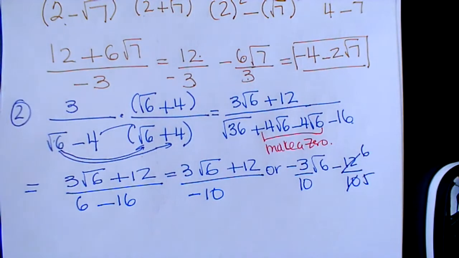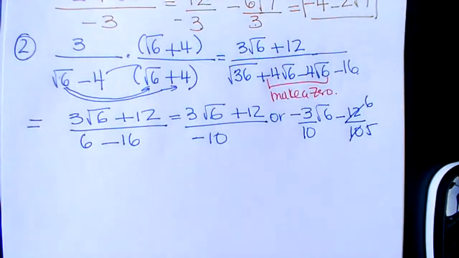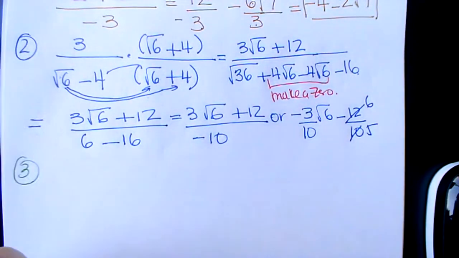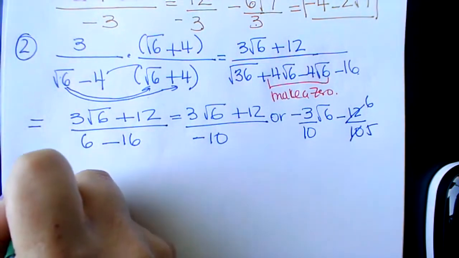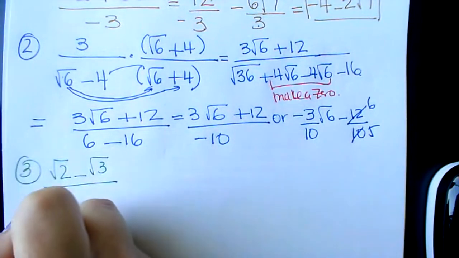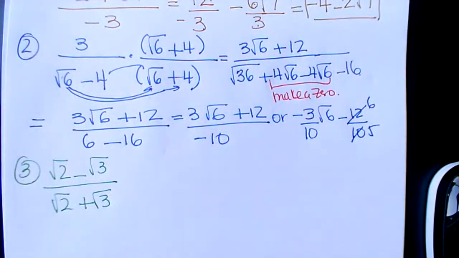Now, let's do the next one. Number 3, we have a square root of 2 minus a square root of 3 divided by square root of 2. So what do I do now?